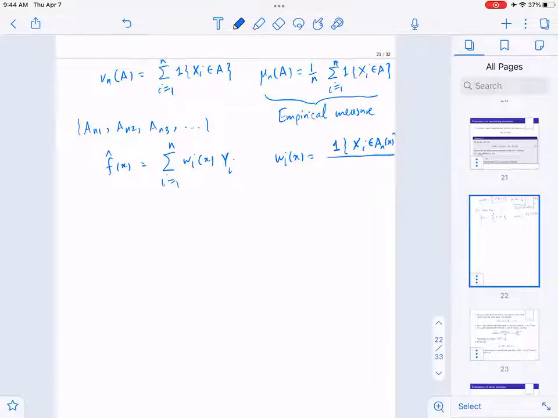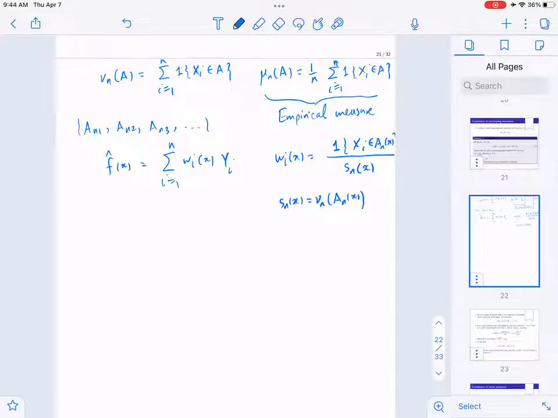I'm going to count Xi if Xi belongs to that cell, that gets a weight, and then I have to divide by the total number. I'm going to call this SNX, where SNX is just nu n applied to ANX.